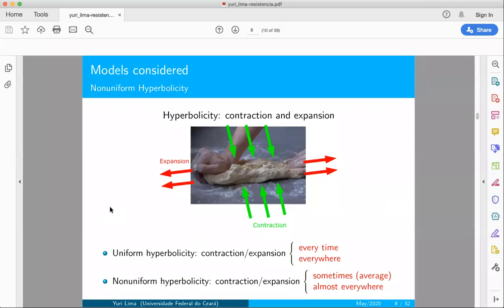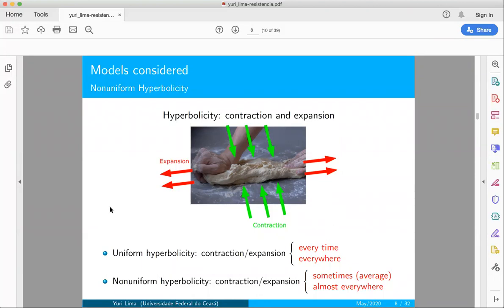Because the contraction and expansion that a baker does only happens sometimes, as long as it happens on average. So from time to time, the baker can get tired and doesn't expand and contract in some moments. And also the contraction and expansion only happens almost everywhere, because some small parts of the dough might be forgotten in this procedure.